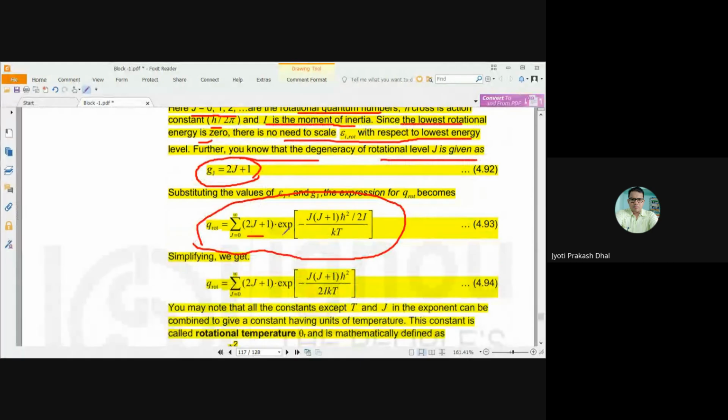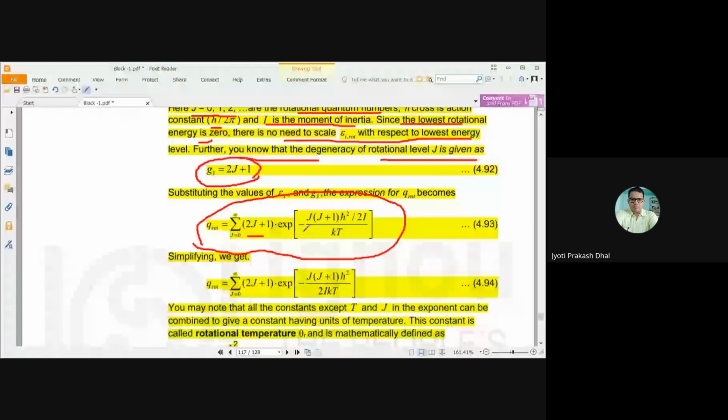means e to the power, exponent of minus.